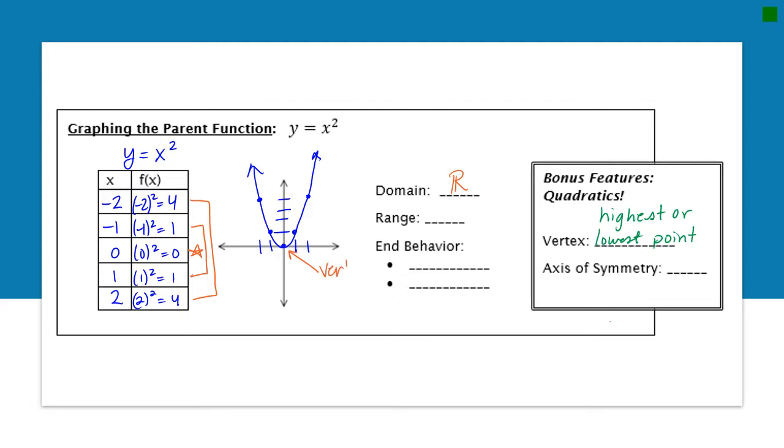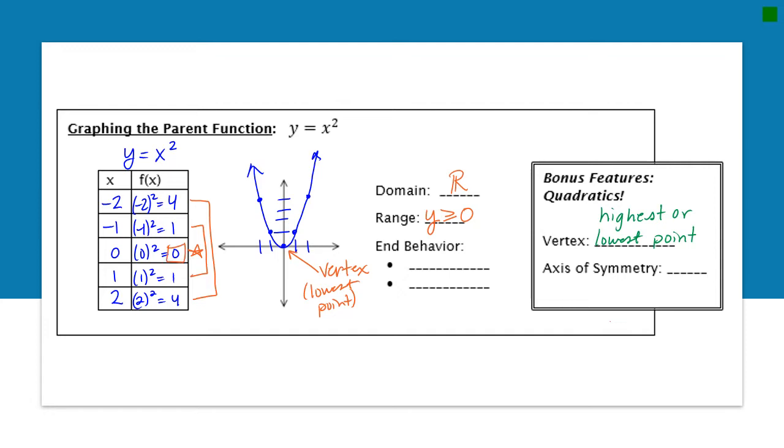That's that vertex that we were talking about. So we're going to have to do an inequality. Range is talking about y values, so I'm going to use y. And in this particular picture, since the vertex is my low point, that means that all my y values are going to be greater than or equal to whatever that y value is, which in this problem is 0, and I'm talking about this 0 right here.